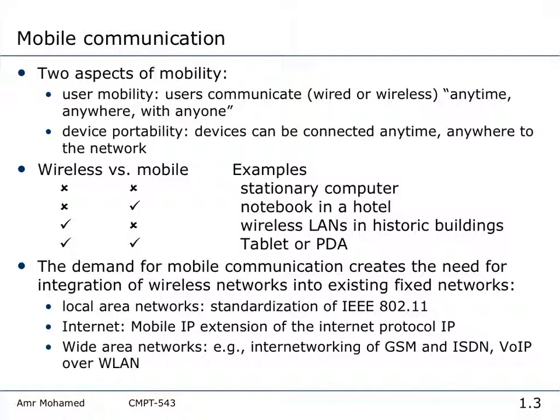But did you ever ask yourself why we don't have like one wireless standard that works for everything? So why do we have all these varieties of standards? Why we don't have like one standard that includes all the wireless technologies and services?